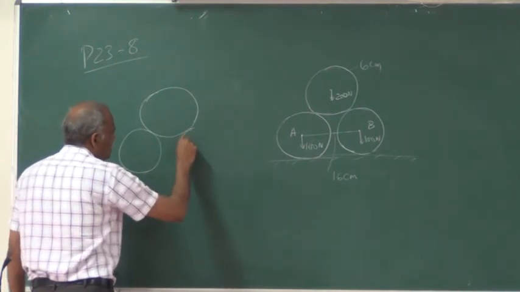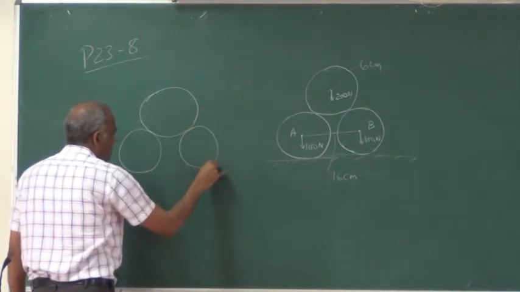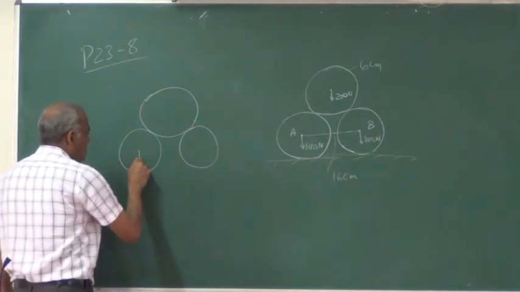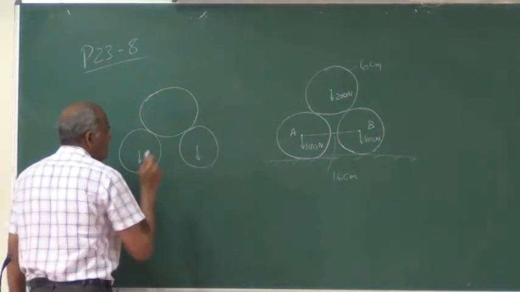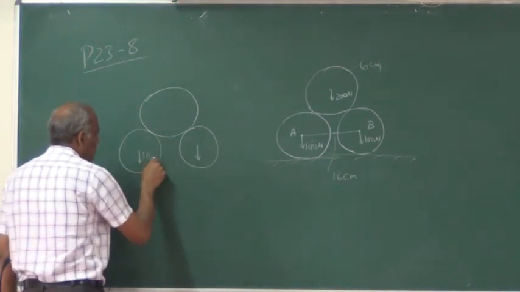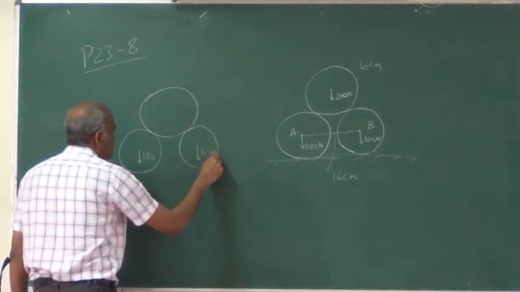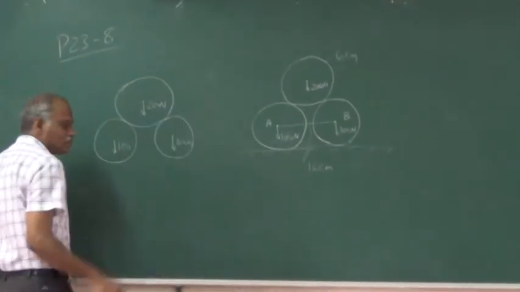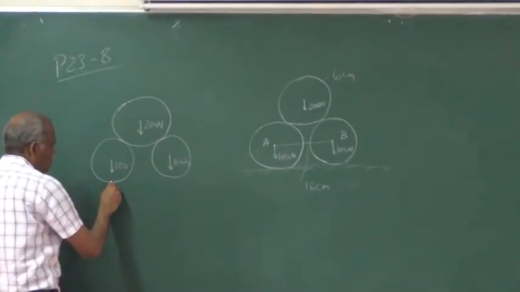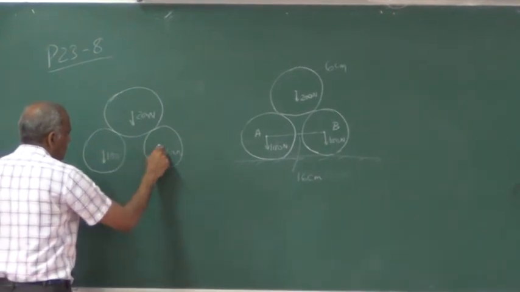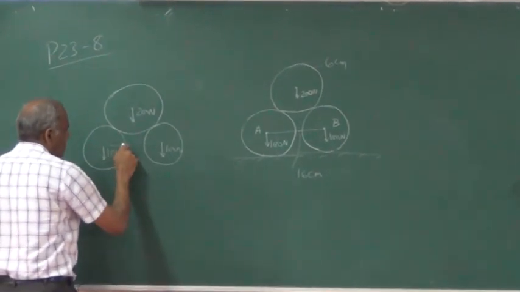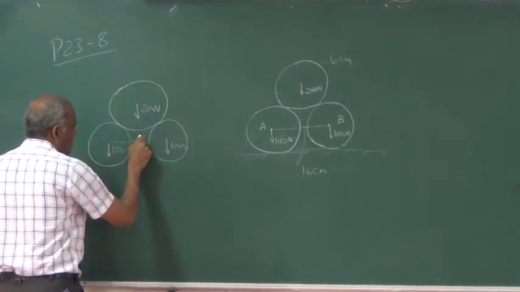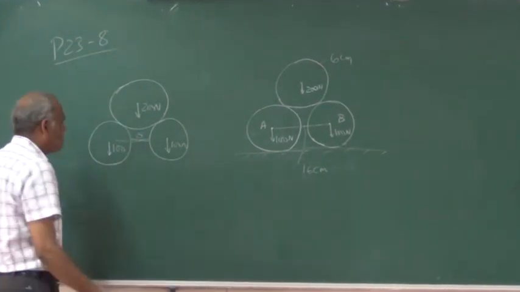So I draw the free body diagram of the three cylinders, then mark the forces which are acting. This is the weight, that's 100, 100, here you have 200 Newton, and of course there will be a tension in the string which will be like this. This is a tension in the string.